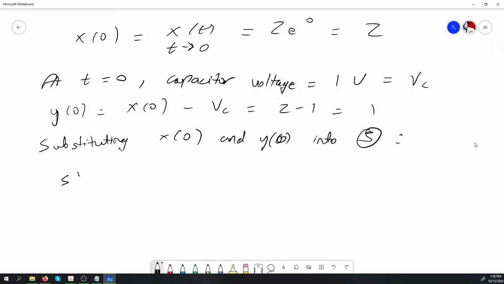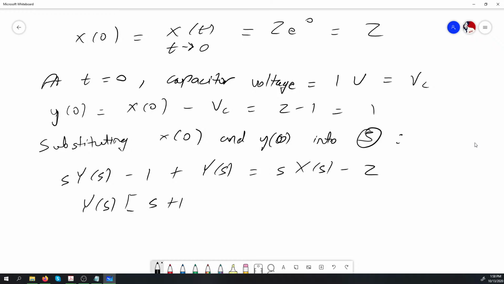this will give us s y of s minus 1 plus y of s with the s x of s minus 2. We can factorize out the y of s on the left hand side: s plus 1 is equal to s x of s minus 1, because we carry across that minus 1 from the left hand side onto the right hand side.